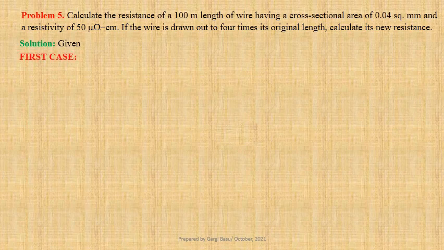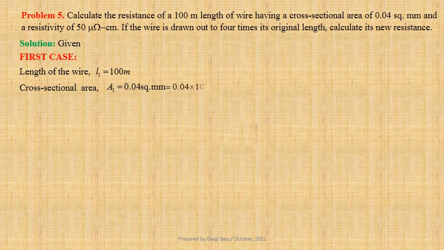First case, length of the wire L1 equals 100 meters. Cross-sectional area A1 equals 0.04 square millimeter, that is equal to 0.04 into 10 to the power minus 6 square meter. Resistivity of the material rho equals 50 micro ohm centimeter, that is equal to 50 into 10 to the power minus 8 ohm meter.